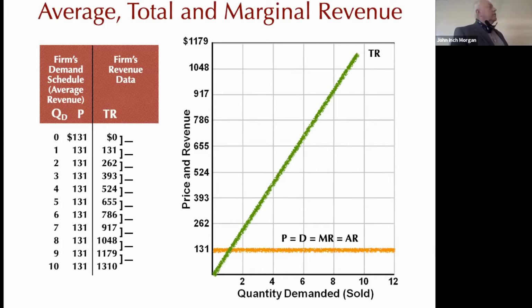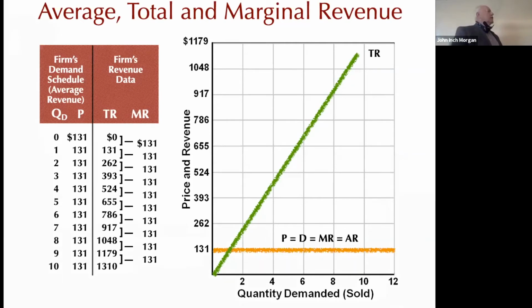And we know that our total revenue is going to go up, as I have indicated by this almost 45-degree line coming up. So again, our marginal revenue is going to be that $131 no matter how many units we sell. Each new unit is going to bring that $131 into the system.